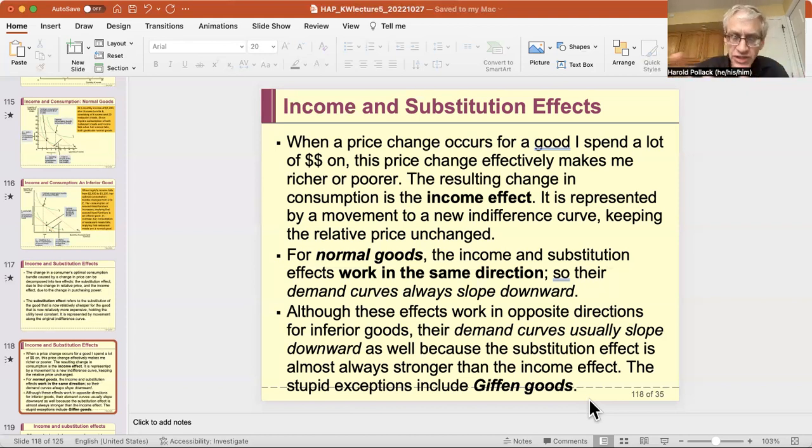So there are some weird examples, but I think the really important point is that most of the time the substitution effect is the important thing, except when we're talking about some core thing that people spend a lot of their money on.